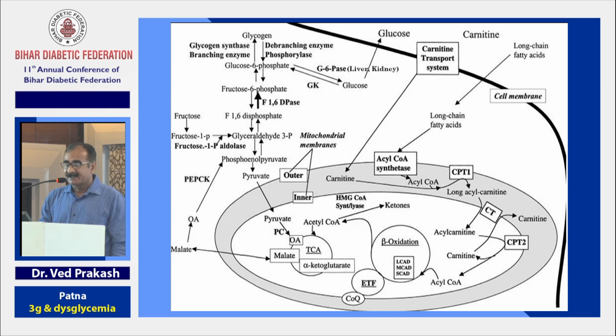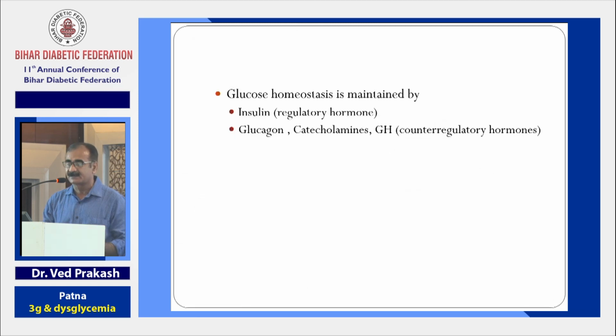Again, this is the pictorial representation of the same. I am not going into detail because it is very complicated and very difficult to explain the whole TCA cycle, citric acid cycle and ketosynthesis in this short duration.